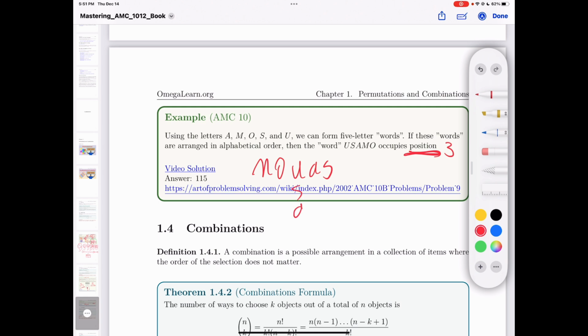So this would be USAMO, and then these would have their... because there's no way U can be at the front if the words are arranged alphabetically. So I'm very confused as to what this question is asking about. I'll search it up just to see if it's worded wrong.